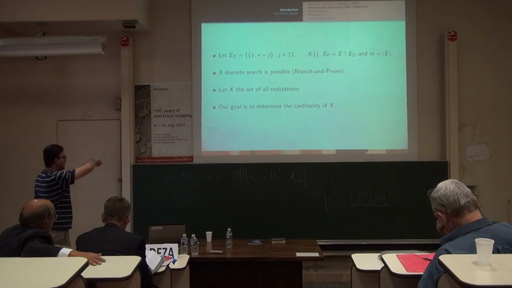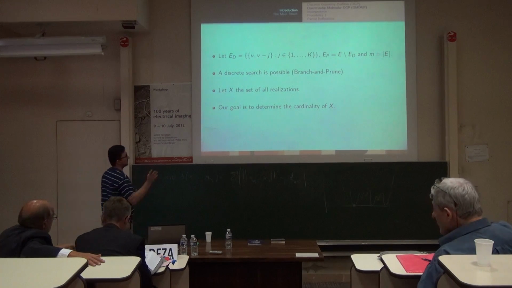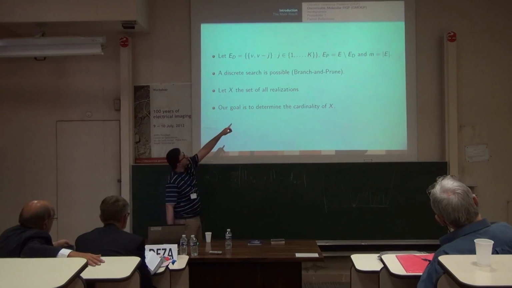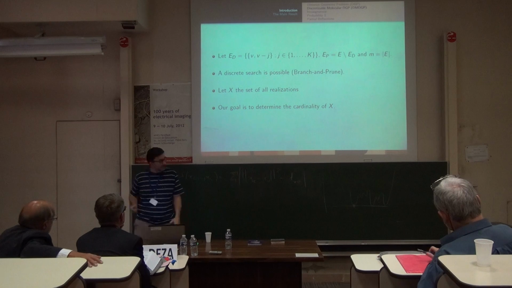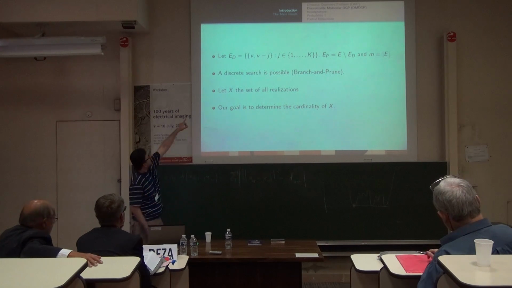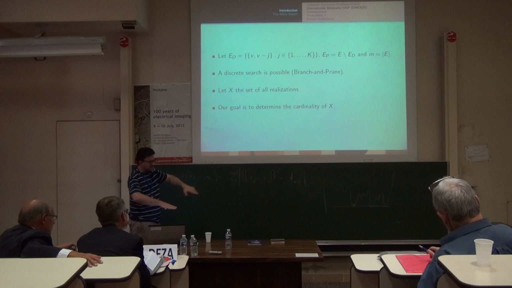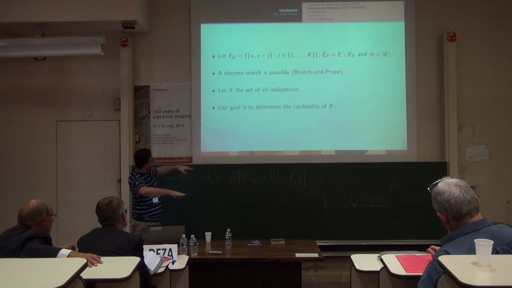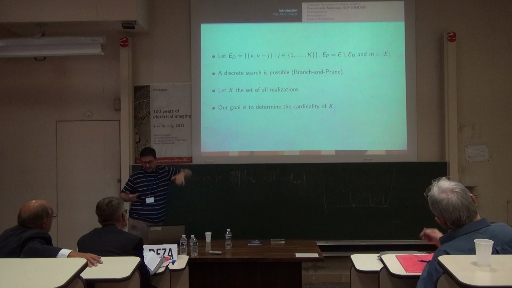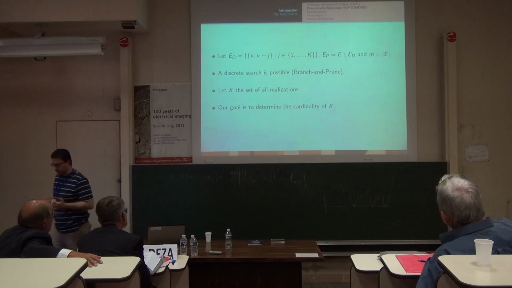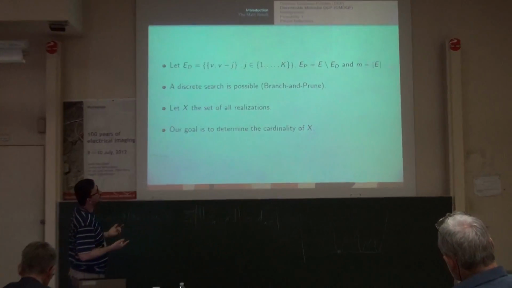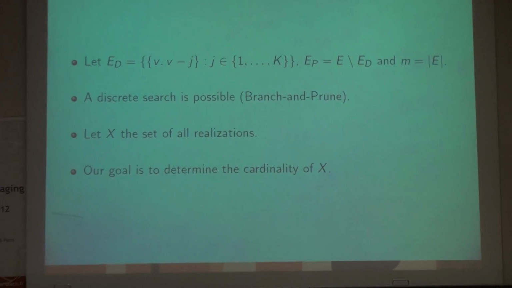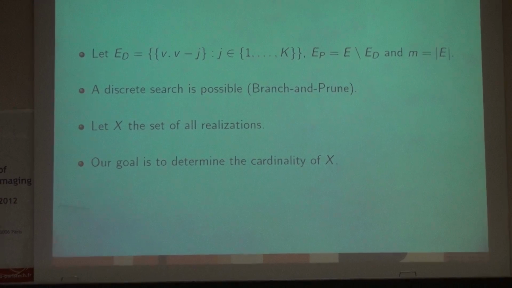And the other set of edges is related to the instance of the problem. For example, we can suppose that the edges in the set EP are provided by the NMR. So the first set can discretize the search space, and so we can associate a tree to the search space, and we can define a branch and prune algorithm in order to find solutions to the DMDGP.